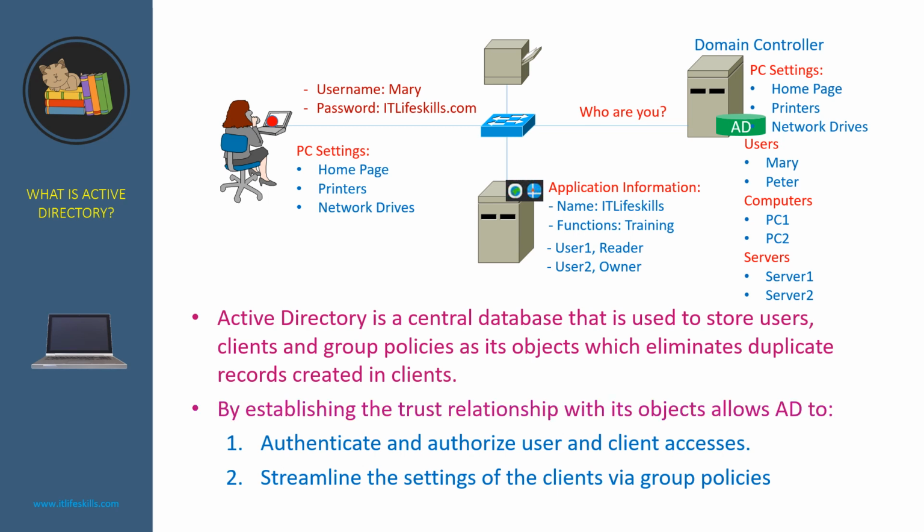Establishing the trust relationship with its objects allows Active Directory to authenticate and authorize user and client accesses, and streamline the settings of the clients via group policies. This is the end of this lesson. Please read the keynotes in the next slide.